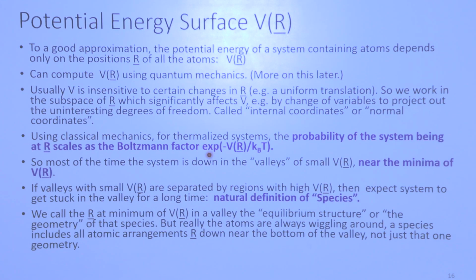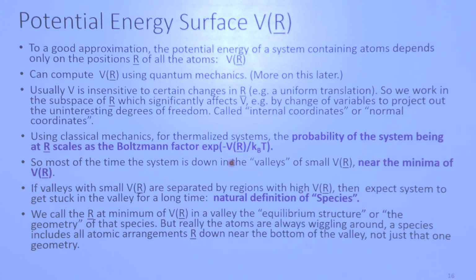And because of this Boltzmann factor, that's why the molecules like to spend most of their time at the bottom of the valley, because that's where you have a high Boltzmann factor. And if you have valleys that are separated by regions of high V, then you'd expect it to stay in the valley. So maybe I'll draw a picture, maybe it would help.